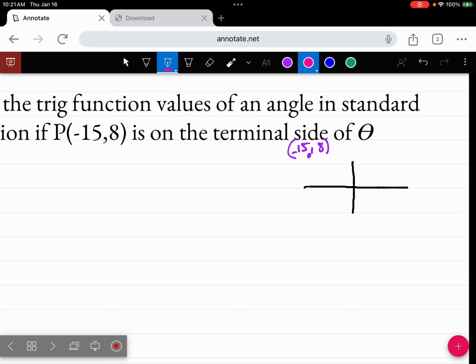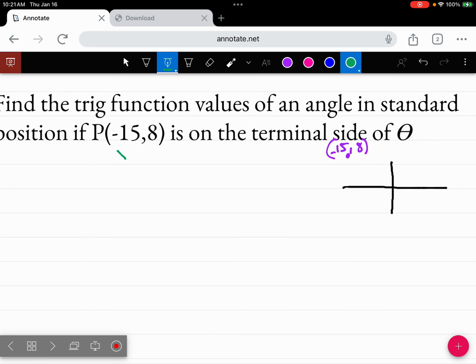When we're looking at our x's and our y's, this is giving me this side here as negative 15, and this side here as positive 8. We need to know what our r is here.